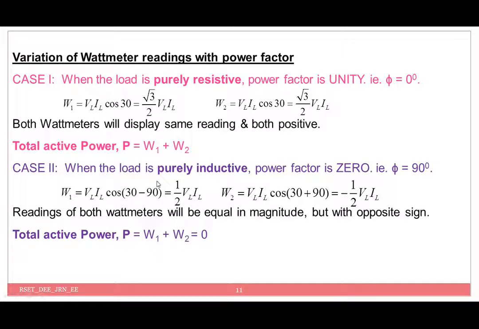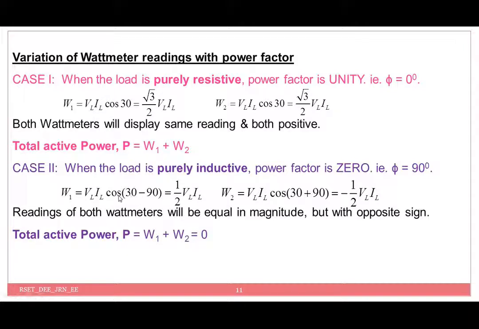Now let us take the case when the load is purely inductive. Load is purely inductive means the phase angle between voltage and current is 90. Cos of 90 is 0, so power factor is 0. So with angle 90, W1 is VLIL cos(30 - 90) and W2 is VLIL cos(30 + 90).